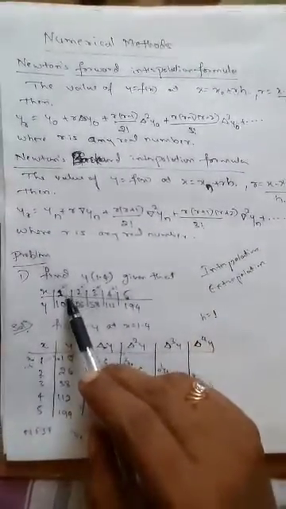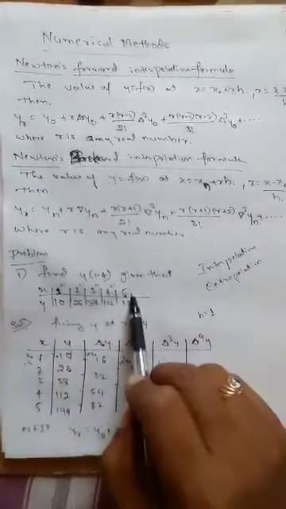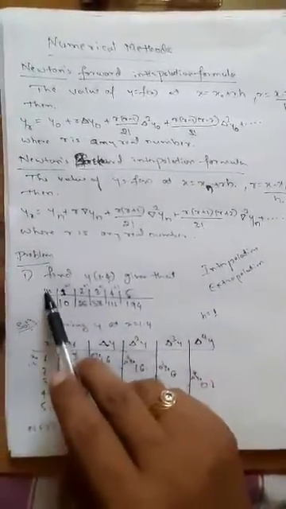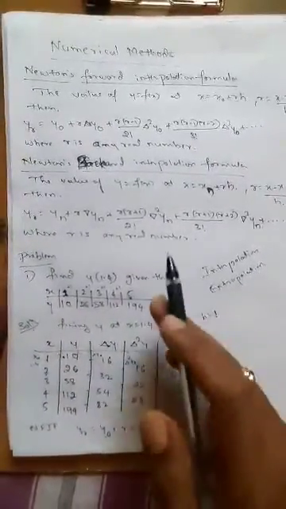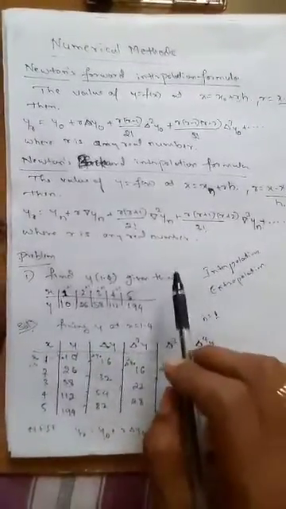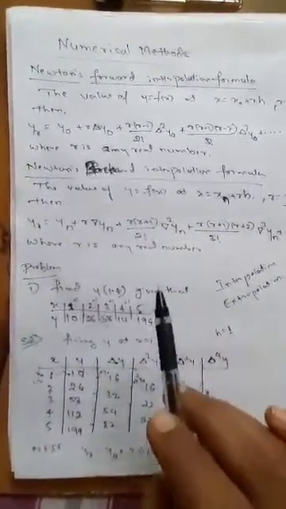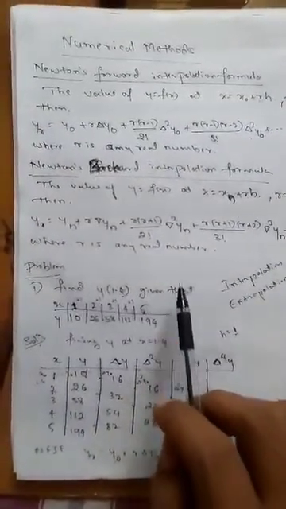If you want to find the value outside the range, for example 5.5 or 0.2, more than 5 or less than 1, these are all extrapolations. Finding the value outside the given range is called extrapolation.